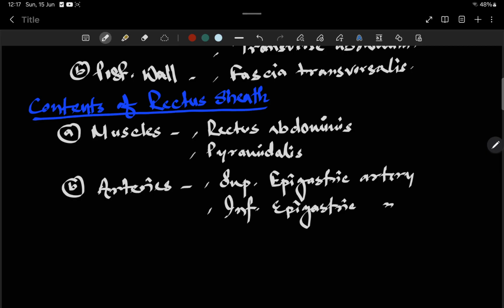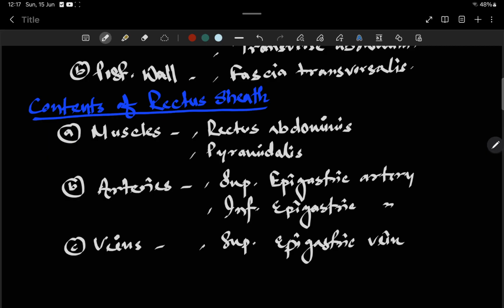Number three are the veins: the superior epigastric vein and inferior epigastric vein.